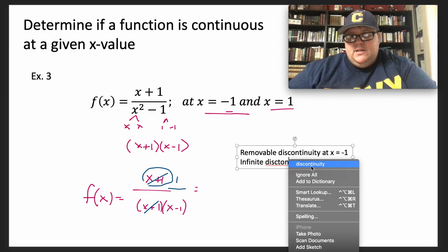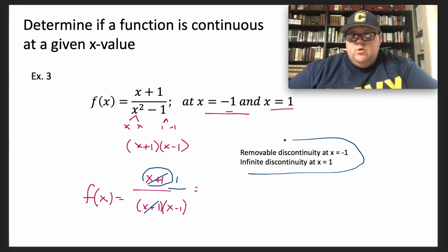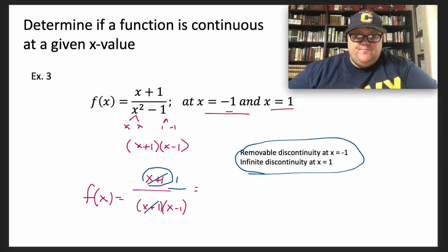I've got to learn how to spell discontinuity. So those are my answers. I have a removable discontinuity at x equals -1 and an infinite discontinuity at x equals +1. Removable because I can cancel them out. Infinite discontinuity because I can't cancel it out.